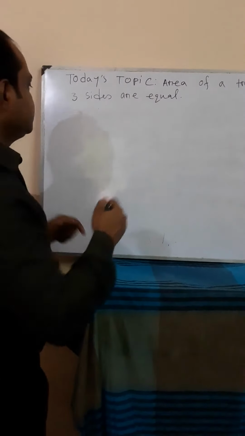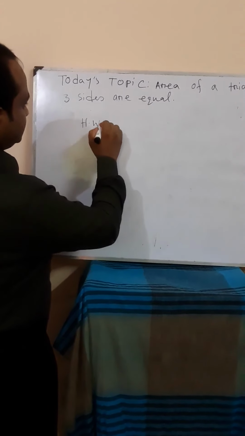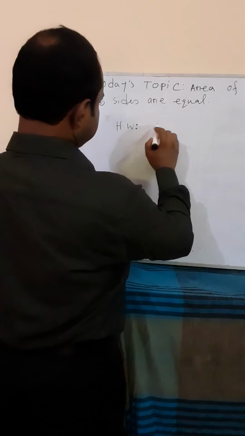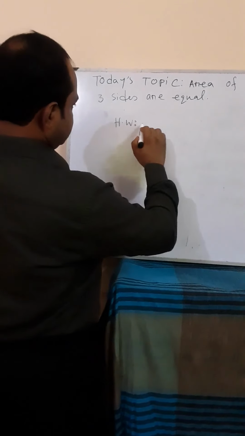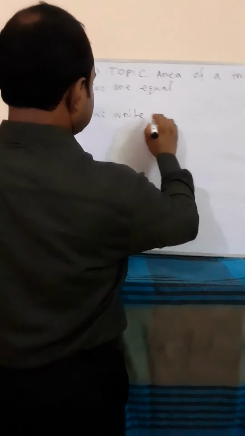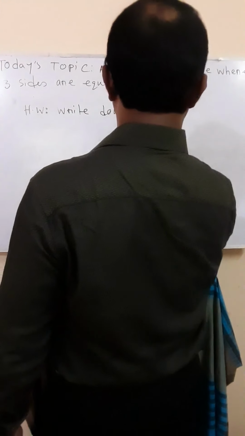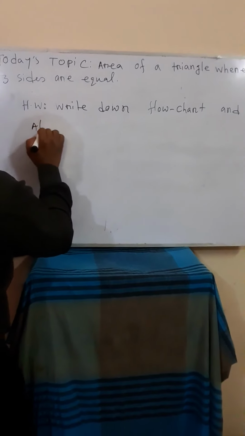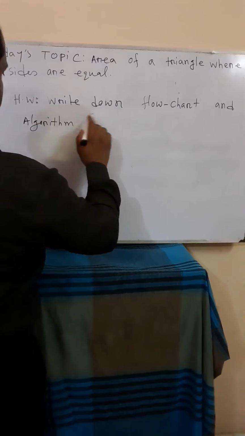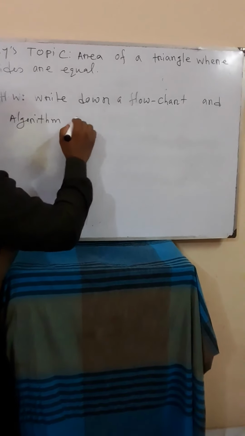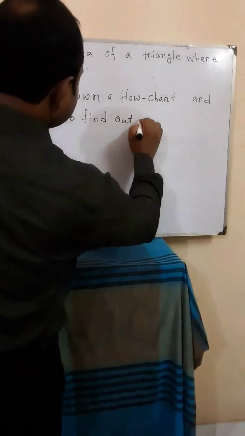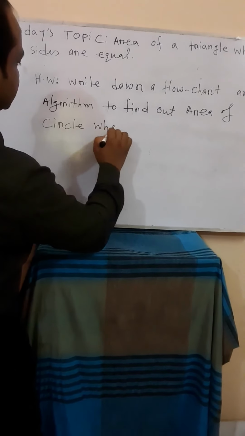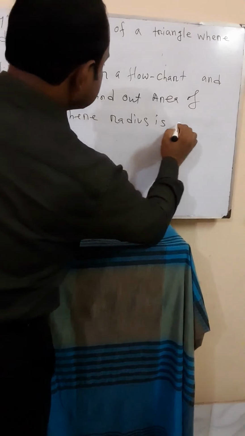Write down a flowchart and algorithm to find out the area of a circle where the radius is 2 centimeter.